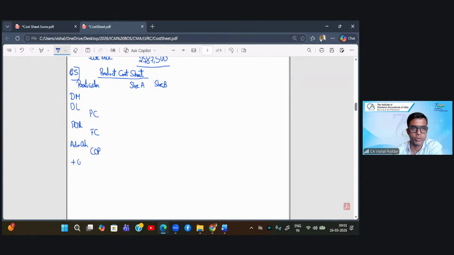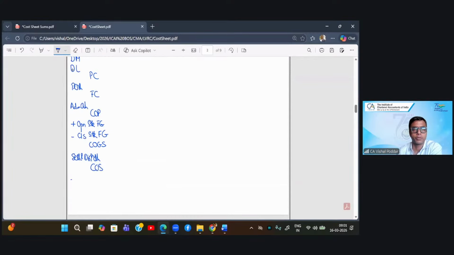Now here, students, you'll have to observe that one thing is given very silently, that is the finished goods stock position. They have mentioned there is no stock of WIP, but when you read the data, even though there is no WIP, one stock is there, that is of finished goods. So we have COGS, then you'll have selling and distribution overheads. So you will get your total cost.